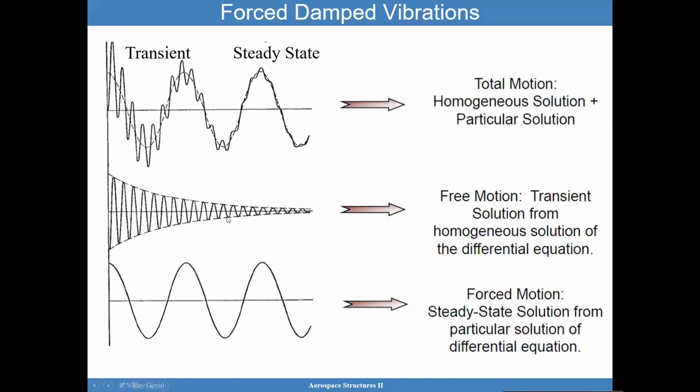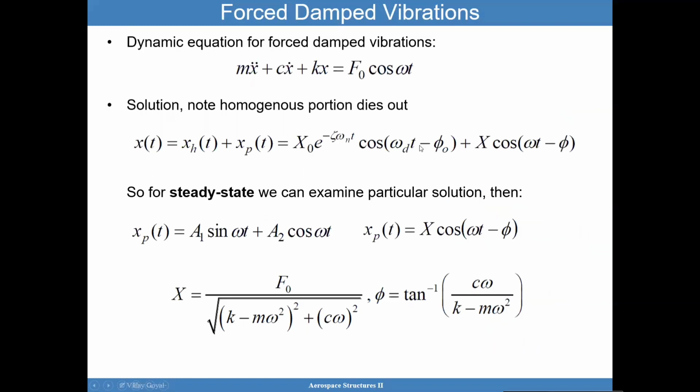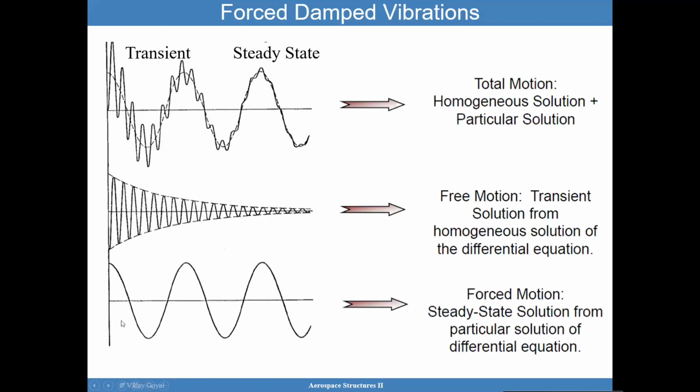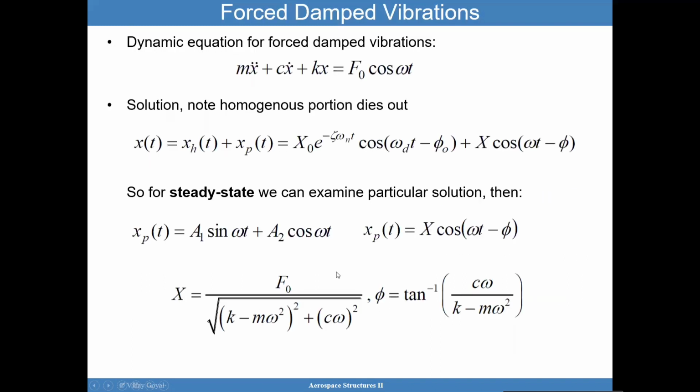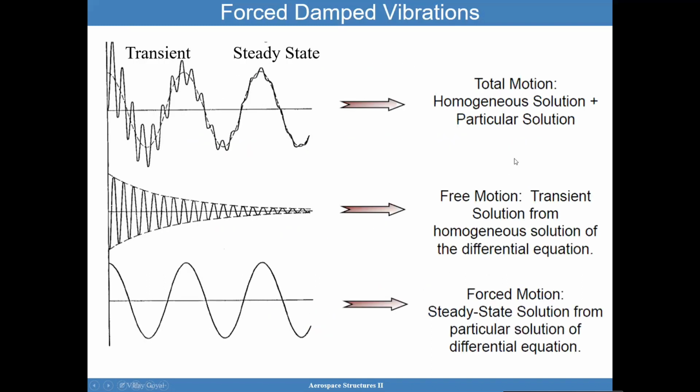When you apply a forced motion, then you're going to have a steady state part of the solution that's going to look like this. So this one here is more like the homogeneous term, and this one here at the bottom corresponds more like the particular solution part of it. So over time, when I add these two motions, I get a transient part, and then that dies out, and I will have a steady state portion that continues as a function of time.